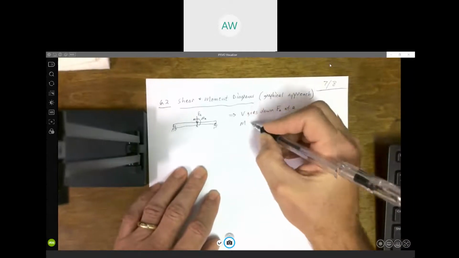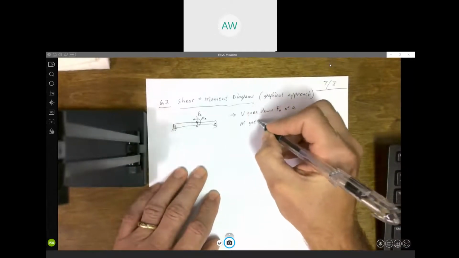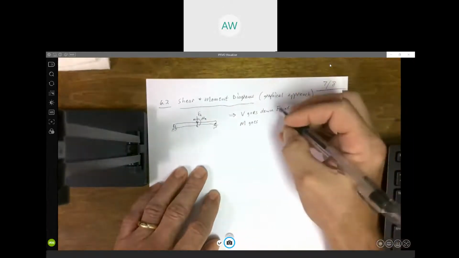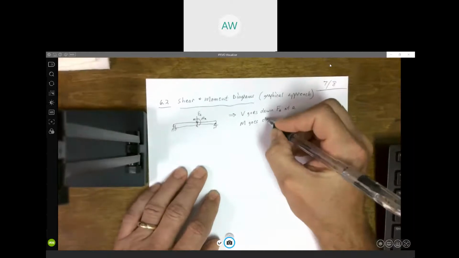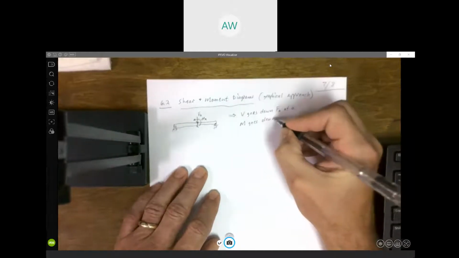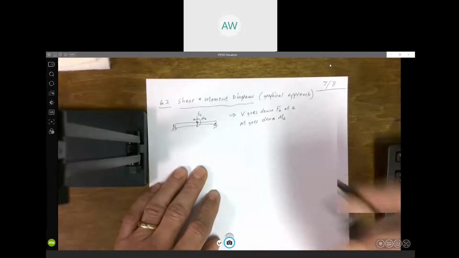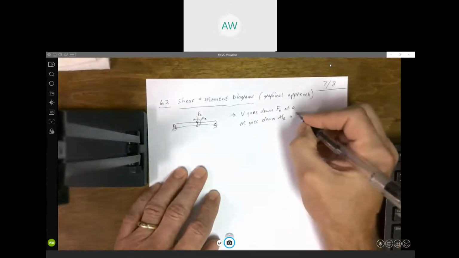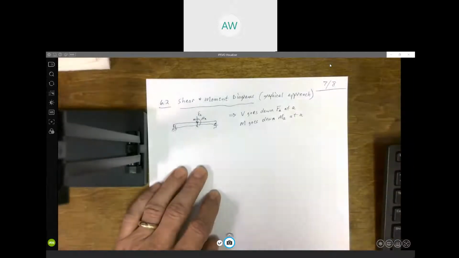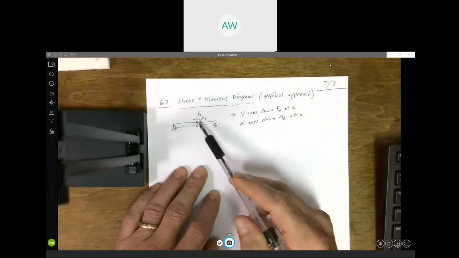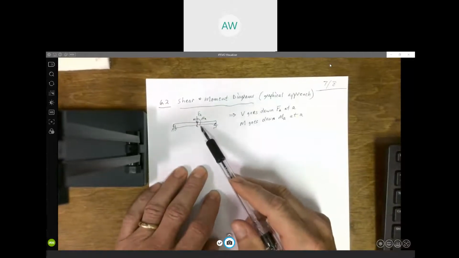The moment here, for a counterclockwise moment, we saw that the moment goes down, whatever the magnitude of that applied concentrated moment is at point A. And again, the opposite would happen if our concentrated moment applied at point A was clockwise.